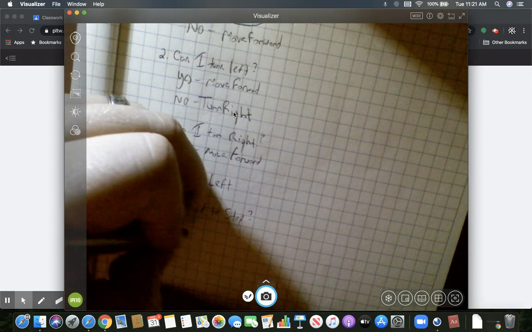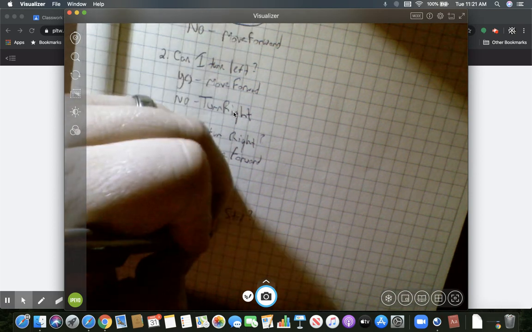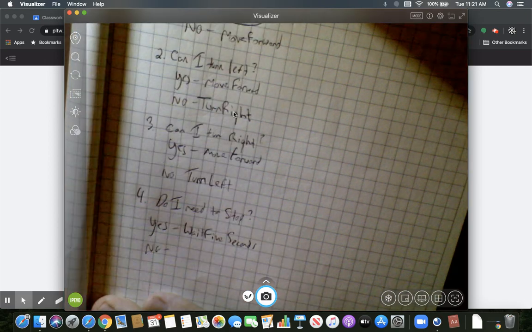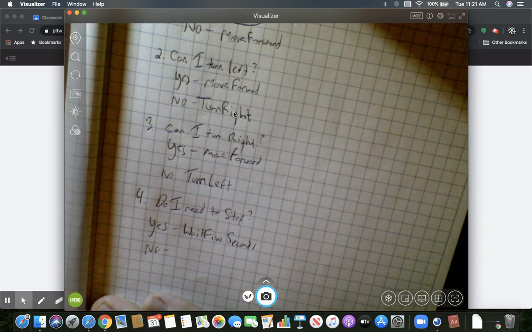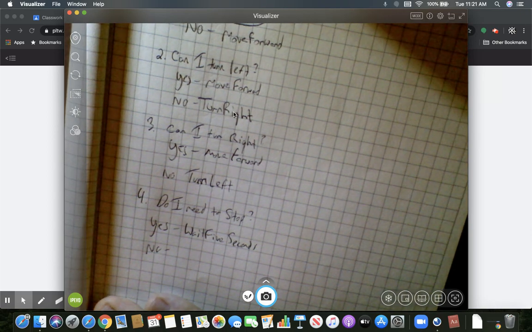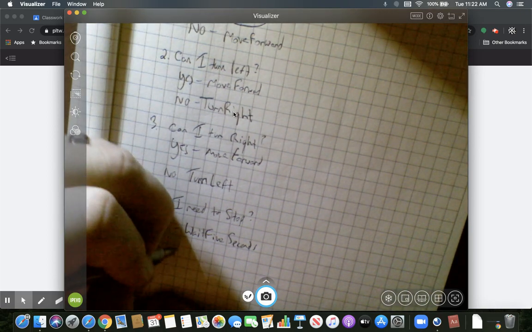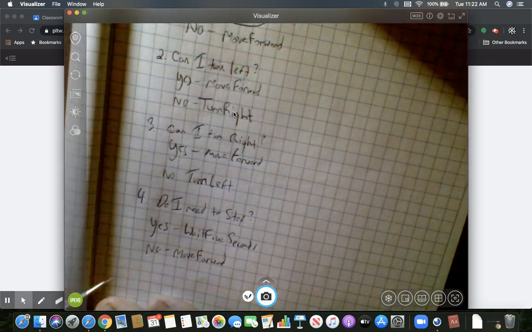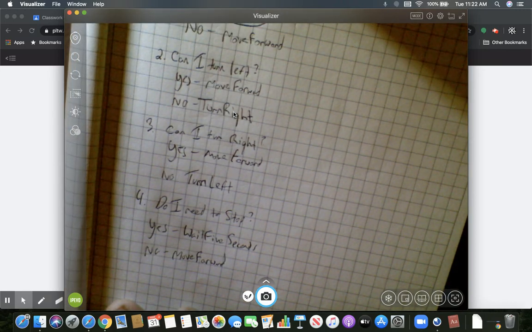So if I need to stop, the car or the bus will wait 5 seconds. And if no, like everything else, move forward. Okay? So just like everything else, we would just continue to move forward. That's how that's going to work.